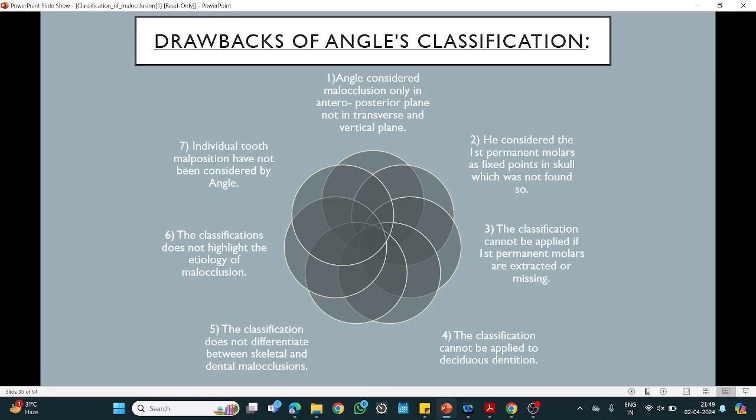Fourth, the classification cannot be applied in deciduous dentition. Another disadvantage is that the classification does not differentiate between skeletal and dental malocclusion. Then, the classification does not highlight the etiology of malocclusion, and individual tooth position has not been considered by Angle.